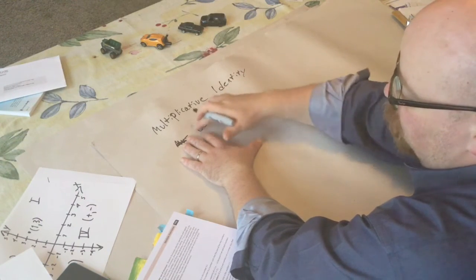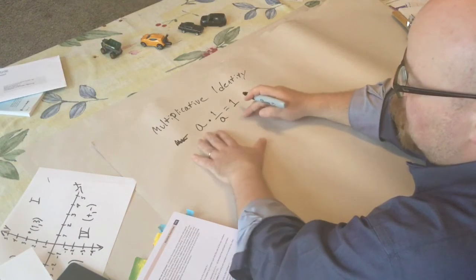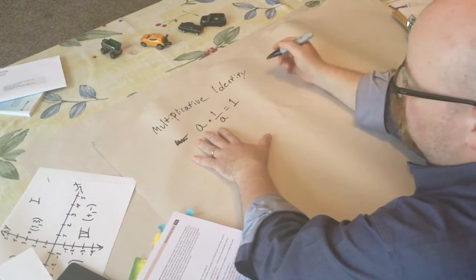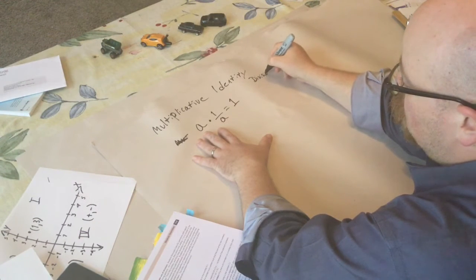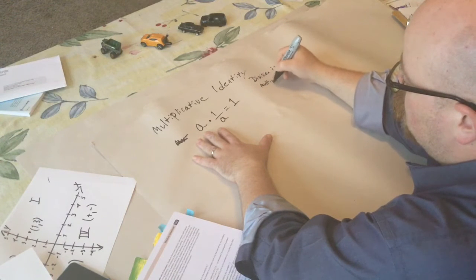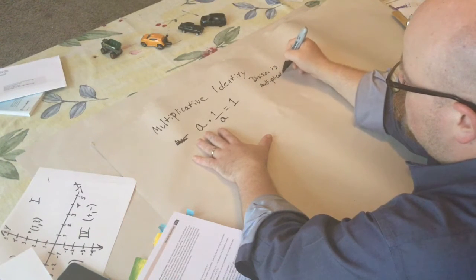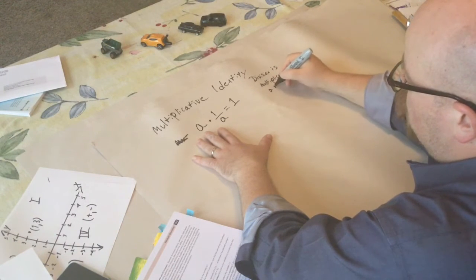Now, this part may look really new, but what this says, basically, because we've mentioned before that division is multiplication of a reciprocal.